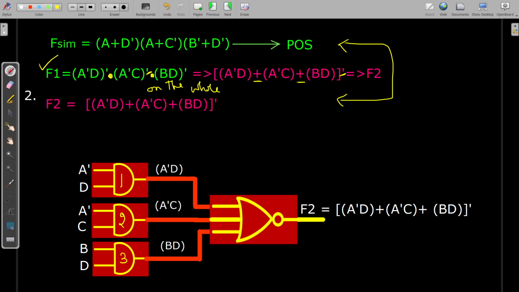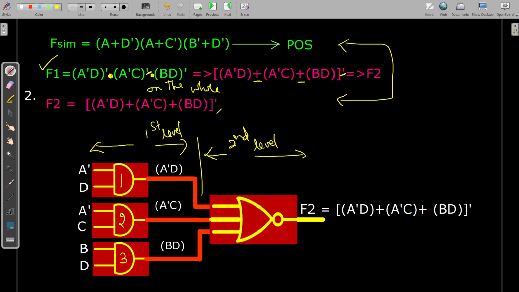So that represents NOR operation. Everything is plus along with that dash inversion, which indicates it is a NOR operator. So we have formed this logic, and this is your first level where we used AND gates, and here in the second level we are using NOR gates. Okay.